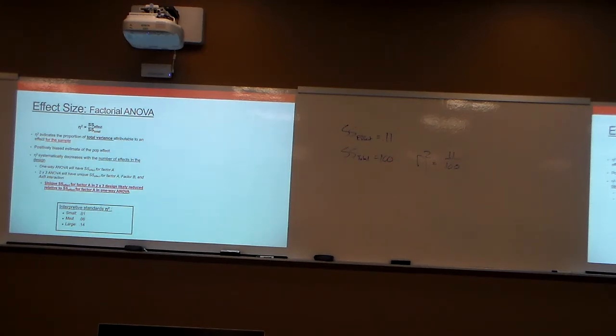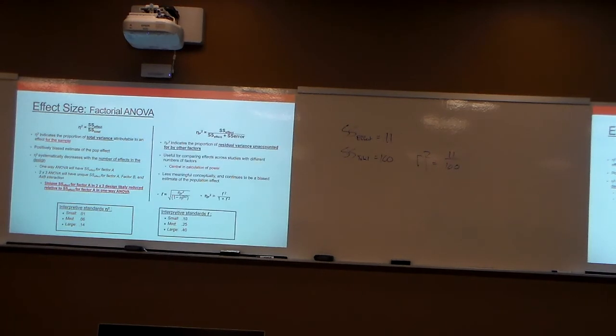We're saying that for these data, high school drinking behavior accounts for 15% of the total variability in college drinking behavior. Cool, that makes a lot of sense, right? But the problem is if I start comparing that with more complex designs, it's an apples and oranges comparison. Okay? So what we have is partial eta squared, okay?